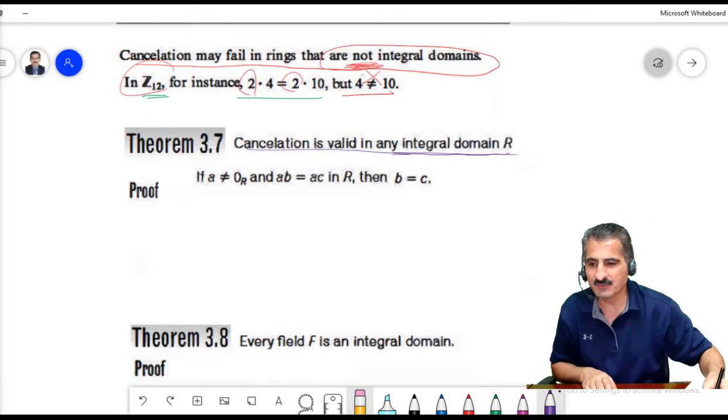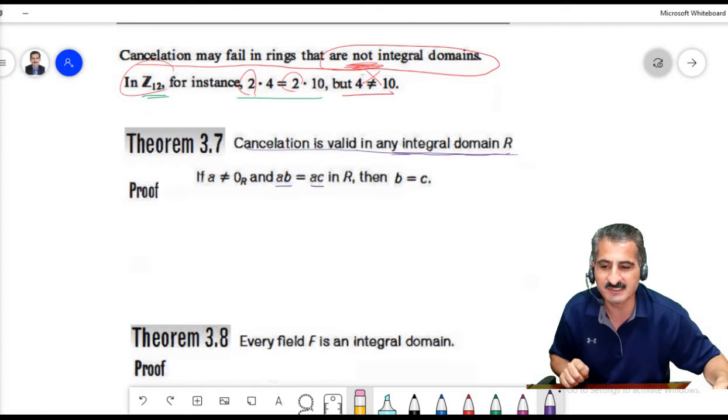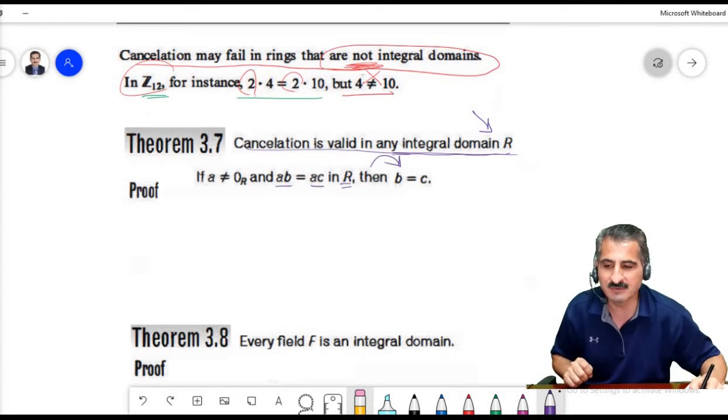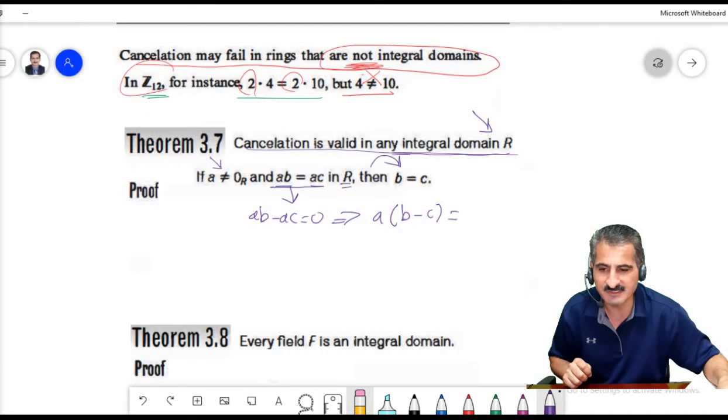Okay, to prove that, assume we have A times B equals A times C in the ring R, which is an integral domain, and we want to prove B equals C, and we are choosing A not equal to 0. So let us assume we have this. That means AB minus AC equals 0, right? Now use the distributive law. That means A times (B minus C) equals 0.